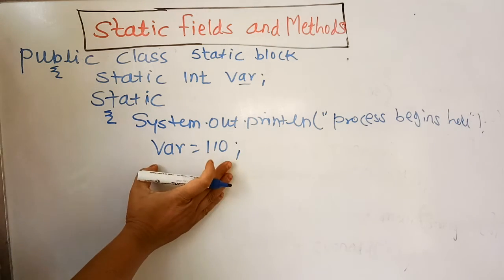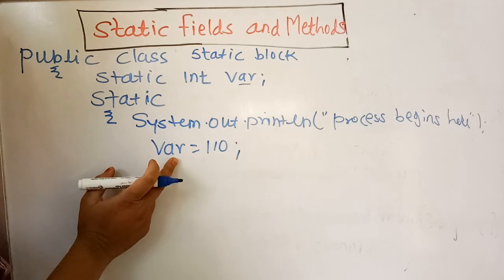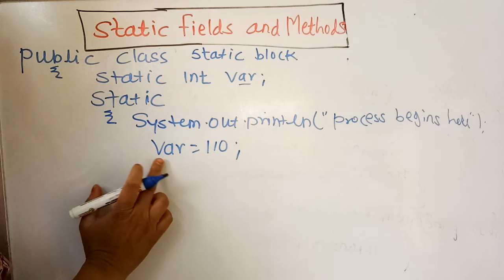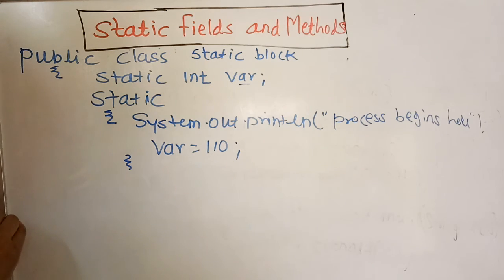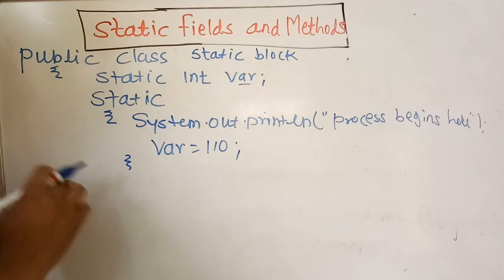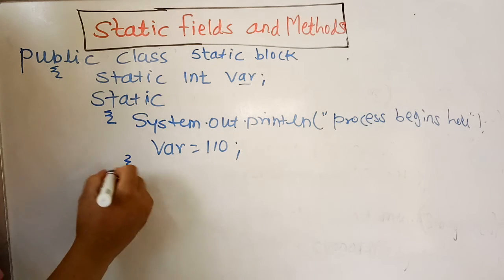Okay, this is the static block in which you only have to initialize the variables. Then complete this, then you can create a static method. You all know that static has mapping only with the static mechanism.